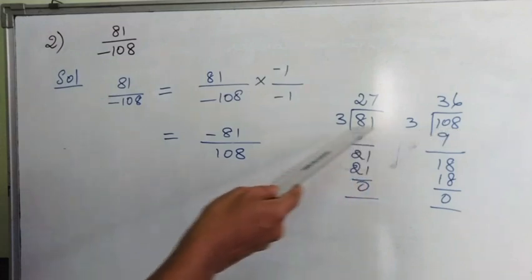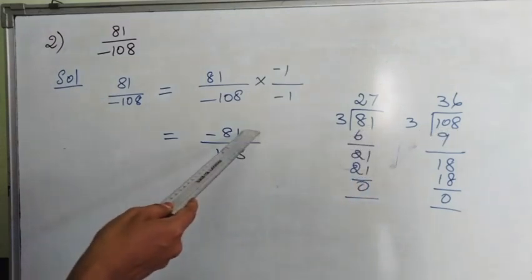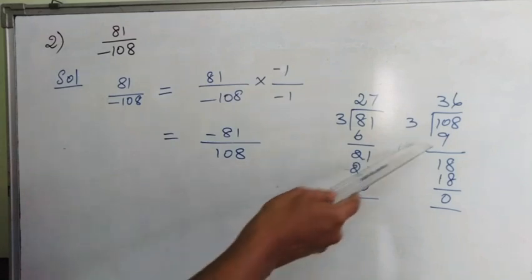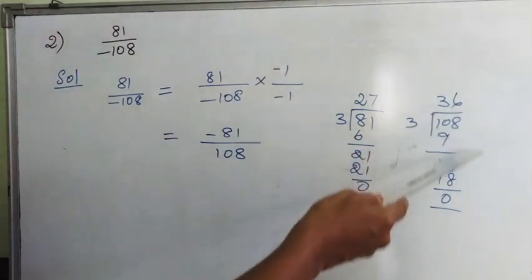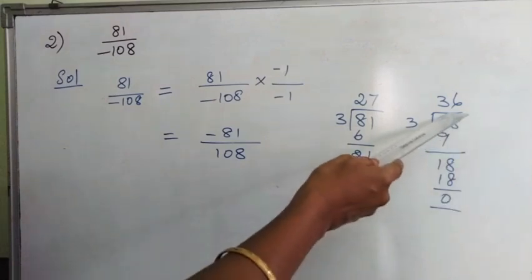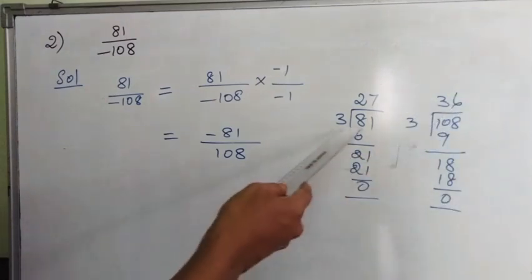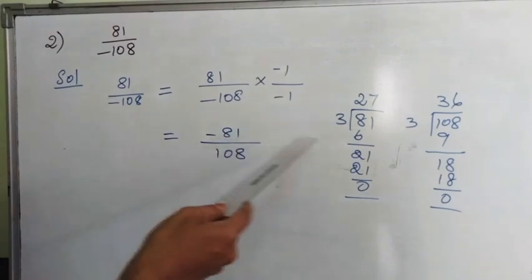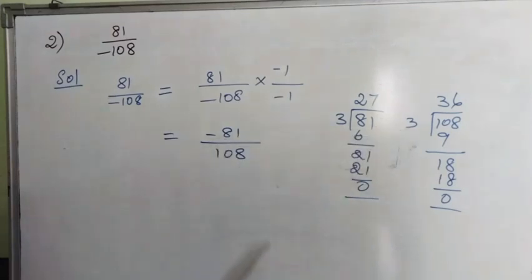You have to divide by the same number. Okay, whatever you divide the numerator by, the same number you have to divide the denominator by also. So divide by 3 and the remainder is 0, and the quotient is 36. Both numbers, 81 and 108, are divisible by 3, having the same factor.